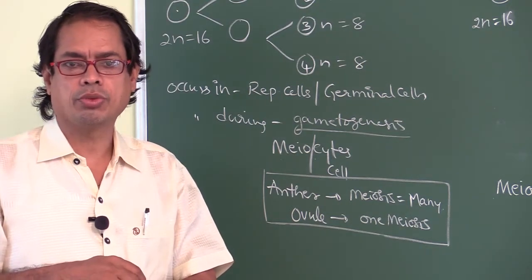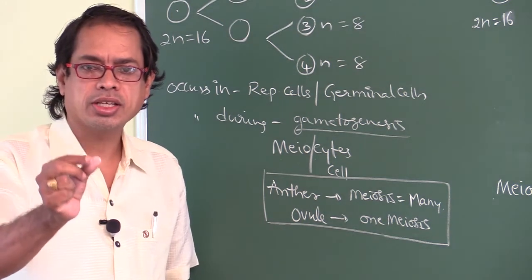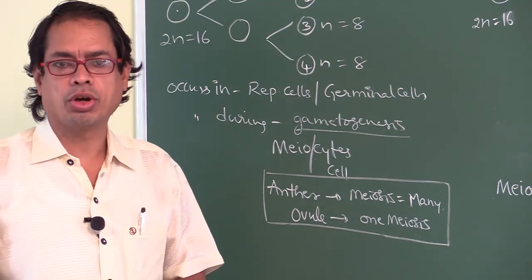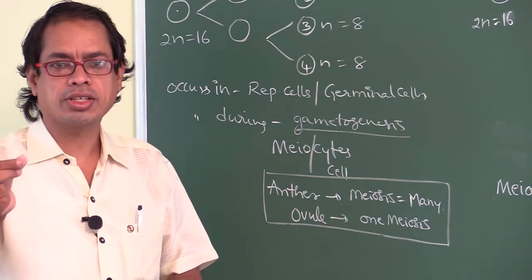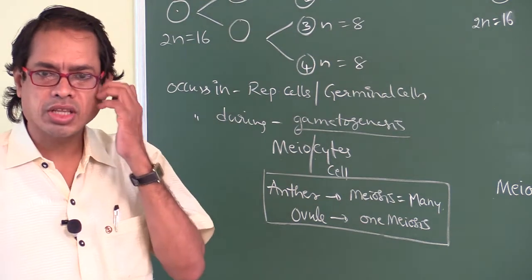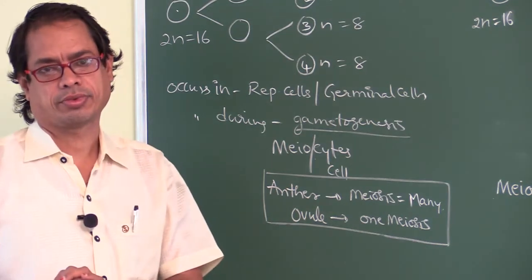In gymnosperms, meiotic division occurs in microspore mother cells and megaspore mother cells, whereas in angiosperms, pollen mother cells and megaspore mother cells. Pollen mother cells are also called microspore mother cells.